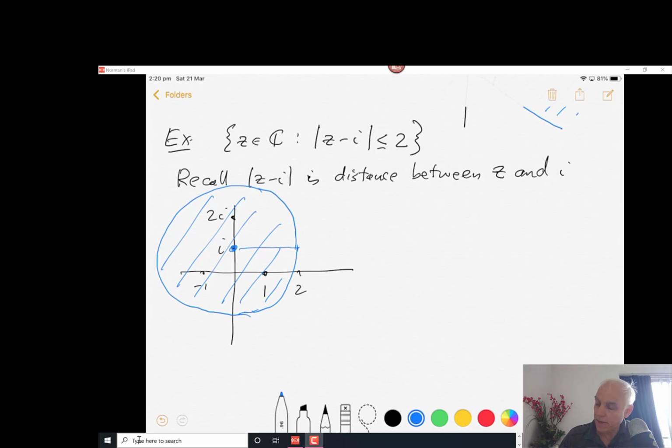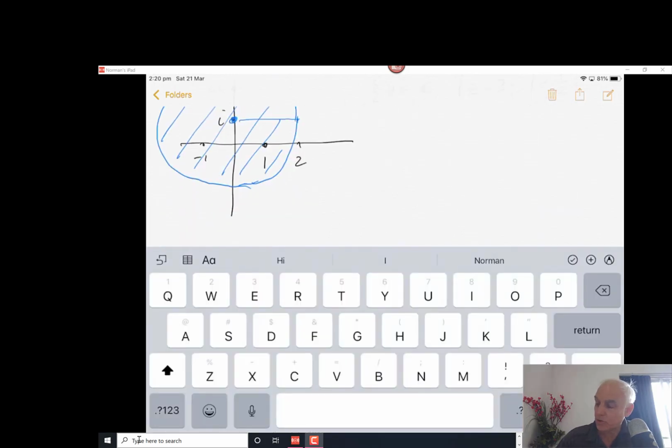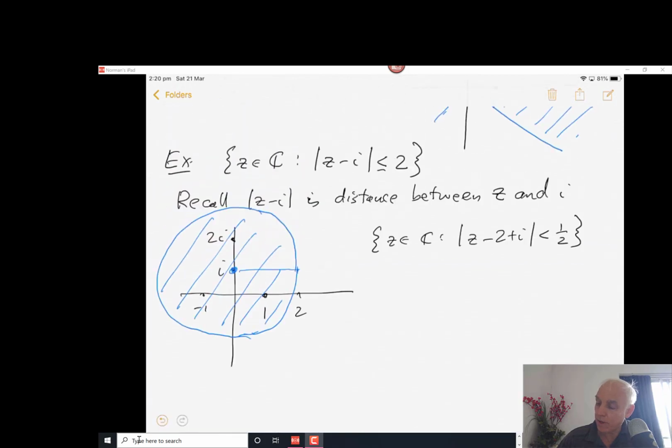Another variant on that, suppose that we had the set of z in C such that the modulus of z minus 2 plus I is less than a half. Okay, so now it's a little bit trickier because we have to interpret this quantity here.